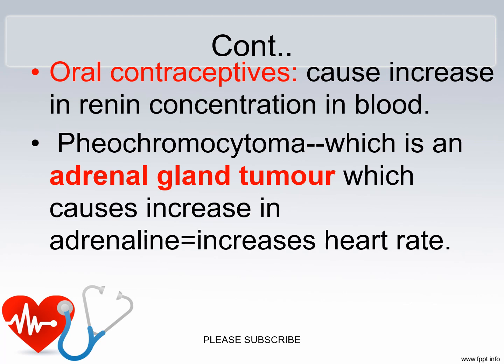This type of tumor can cause an increase in adrenaline, and adrenaline has a direct effect on the heart, causing the heart rate to increase. Like we saw on the nephron, if the heart rate increases, the blood volume increases, thereby reducing filtration rate because the blood in the glomerulus is passing at a fast rate. That will cause renin to be produced, and then the renin-angiotensin-aldosterone system starts.